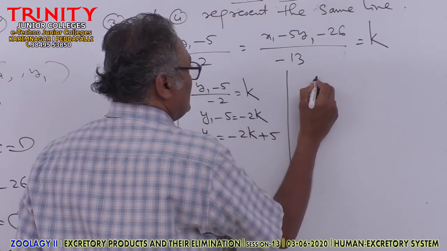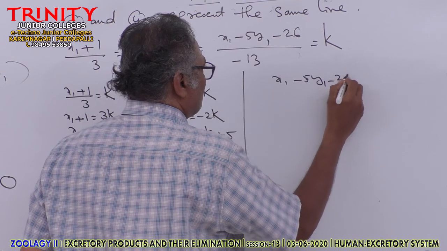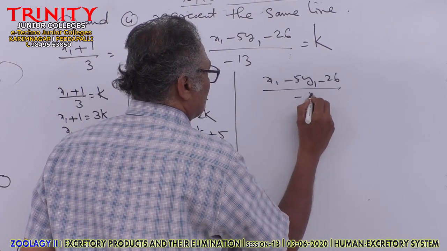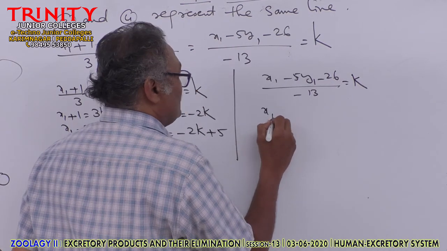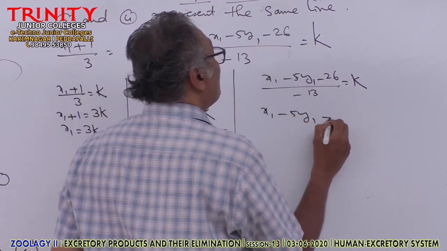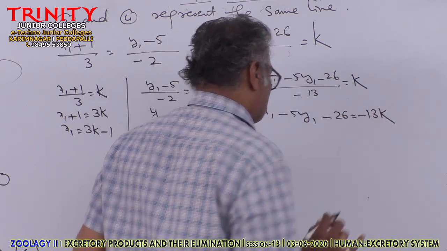Next, (x1 - 5y1 - 26)/(-13) = k, so x1 - 5y1 - 26 = -13k.